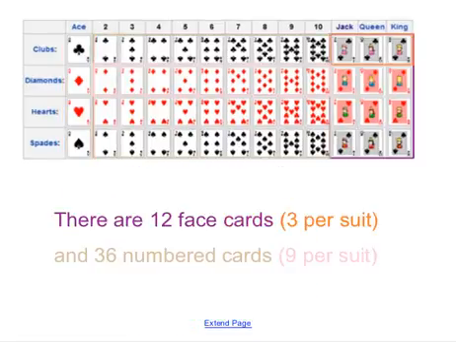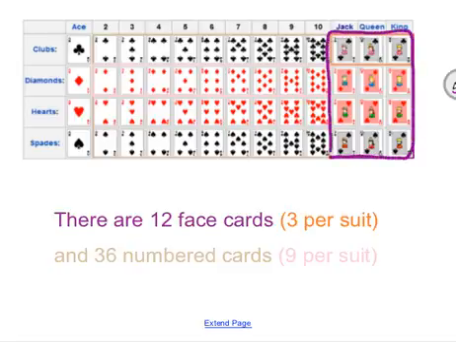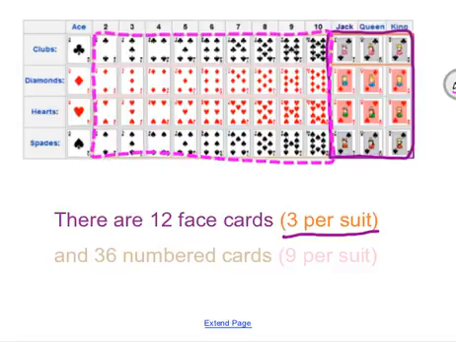Some other things we need to know about decks of cards. Over here, in purple, are the face cards. Those are the jack, queen, and king of each suit. There are 3 per suit, so 4 times 3, there are 12 face cards. This dotted area is your number cards.